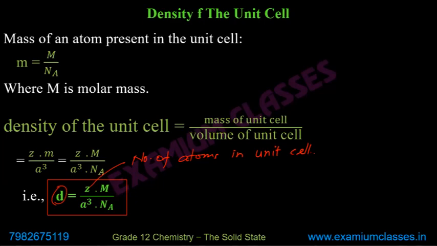End centered, again 2, 1 plus 1. a is the edge length, means the side of the cube. Na, you know, is the Avogadro number. M is the molar mass of the compound we are talking about. To memorize this formula, write it down.